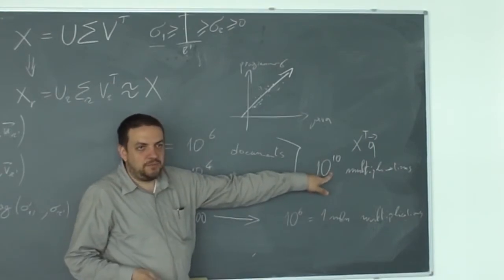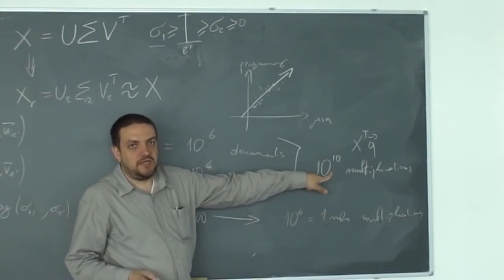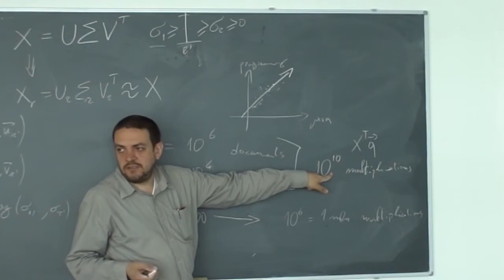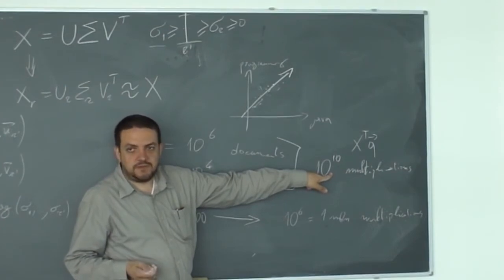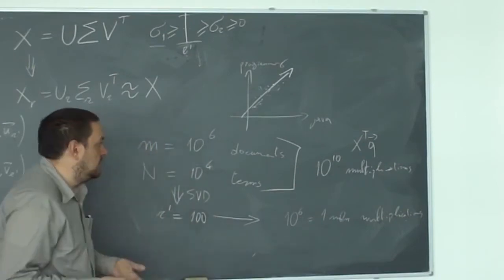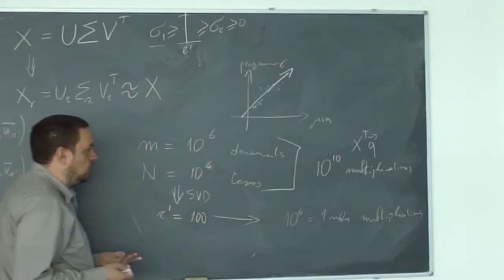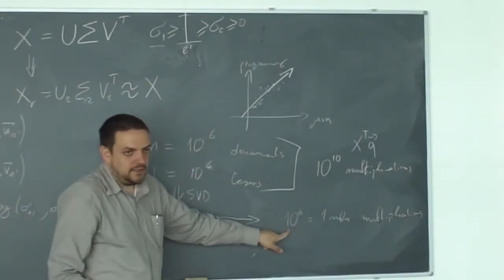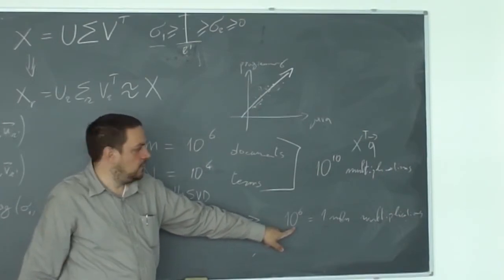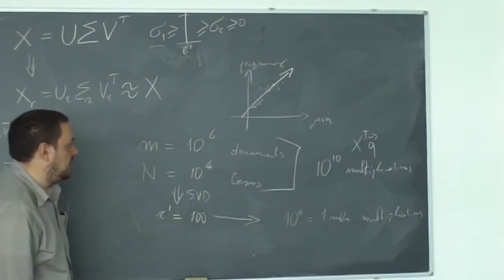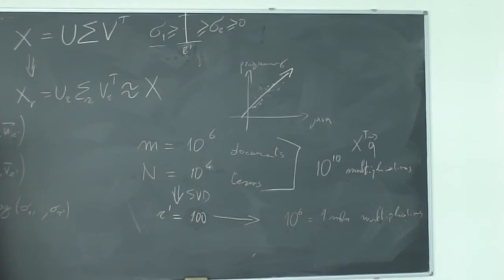These 10 billion multiplications is probably a very large overestimate of the real number of operations that we need. But anyway, we probably get an improvement, a factor of 10,000 less.